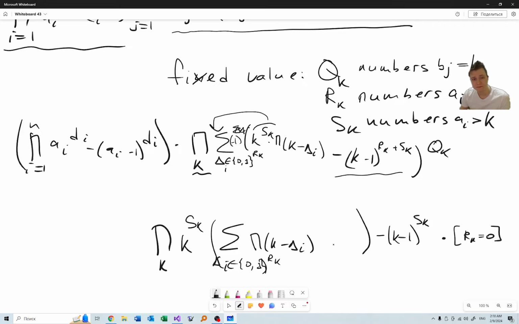And here, what here? K to the power sk. And here minus 1 to the power sum of delta i's.